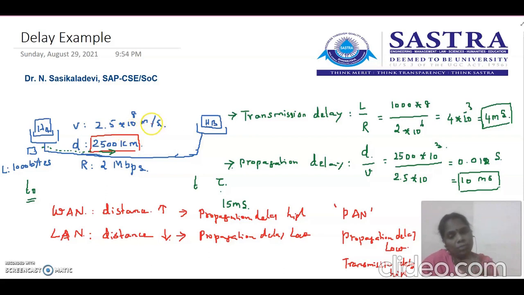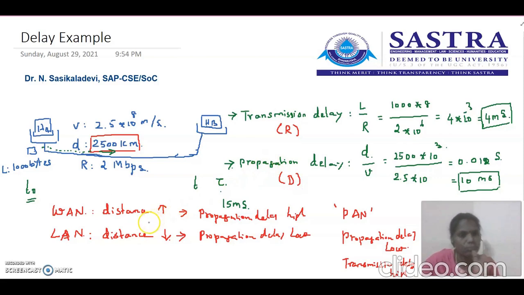If you compare a fiber channel with a coaxial cable or a twisted wire, the capacity of the twisted wire is very minimal, so the transmission time with the fiber channel is somewhat less than with the twisted wire channel. The transmission time is heavily based on the channel capacity, and the propagation delay is heavily based on the distance between the nodes.